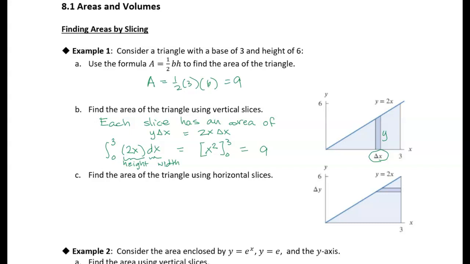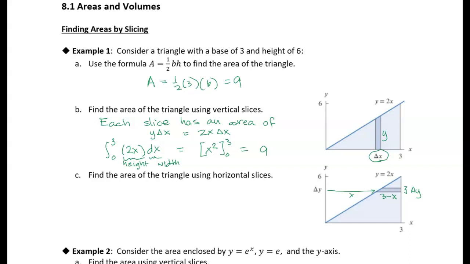Here we have a slice where this is delta y now. This is essentially x, and then this is 3 minus x, so the length of each of those rectangles is 3 minus x, if x is the value of the function.